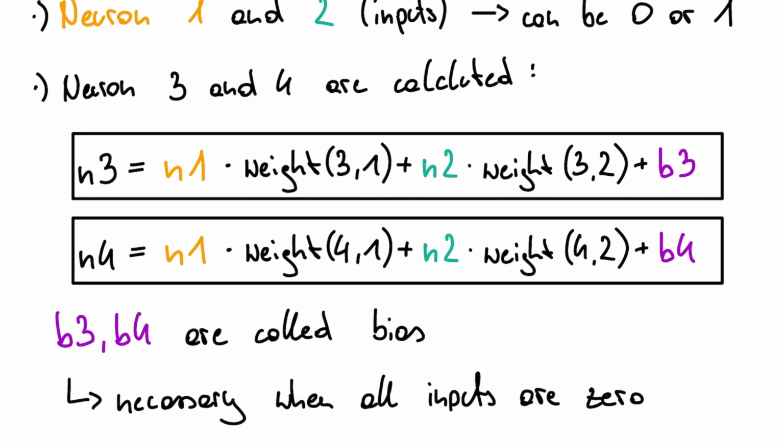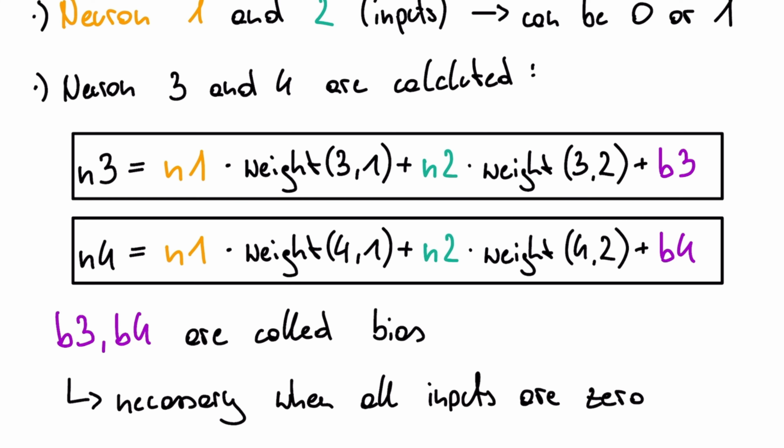And in that case, the network would be very inflexible because nothing would activate. But with this bias, we shift what's called the activation threshold. This makes the network more flexible and allows it to learn better. So, put very simply, the bias ensures that the neuron can still be activated even if the inputs are 0.